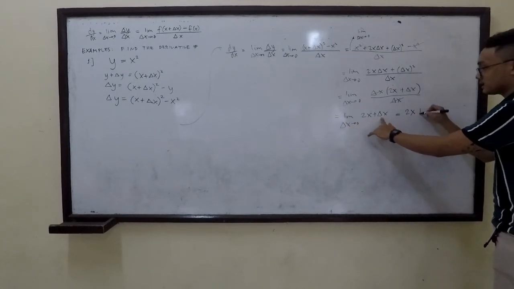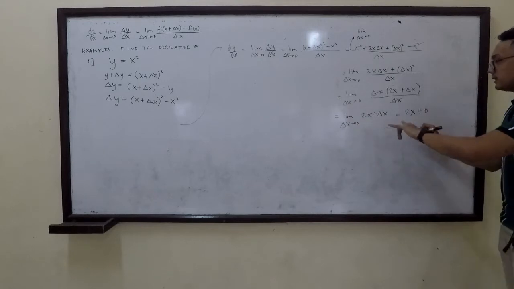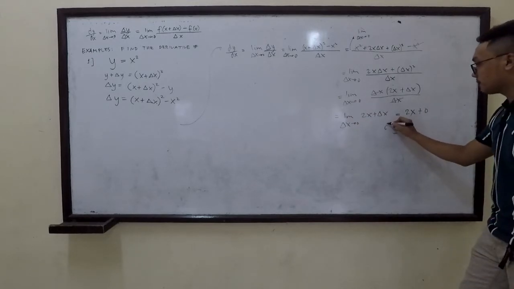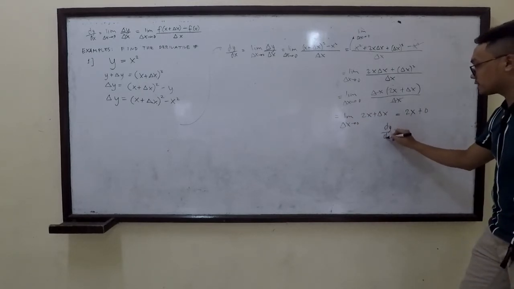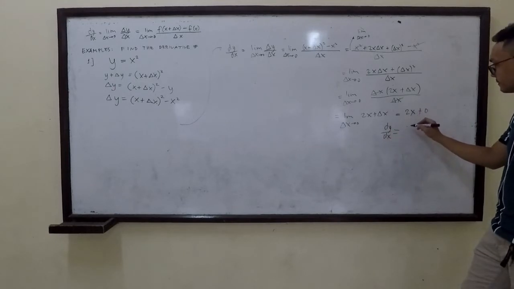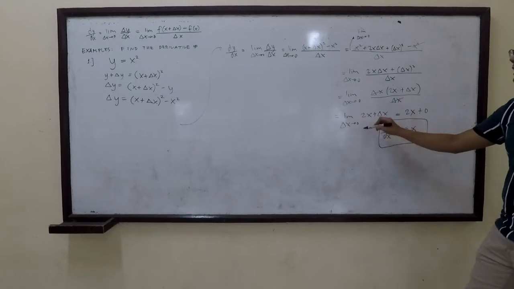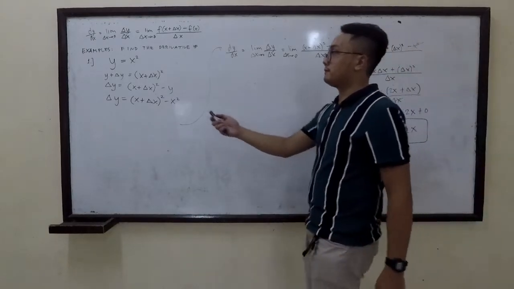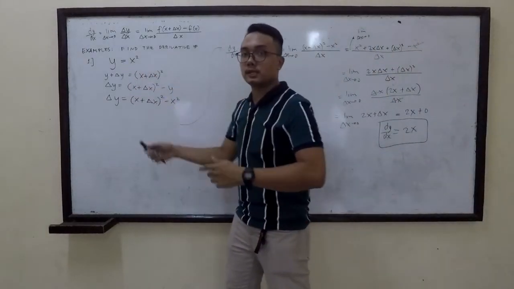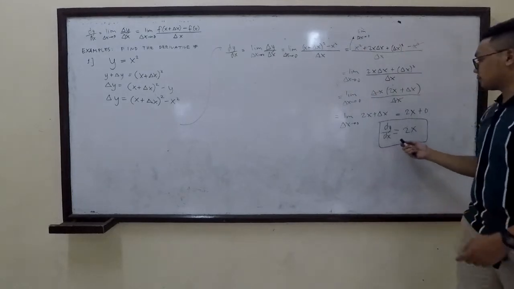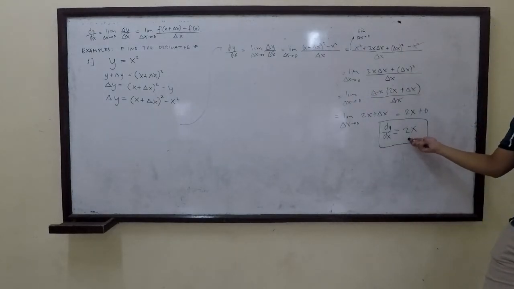Plus delta x is now 0. So therefore, our derivative of y with respect to x is just 2x. So therefore, we can say that the derivative of y equals x squared is nothing but 2x.